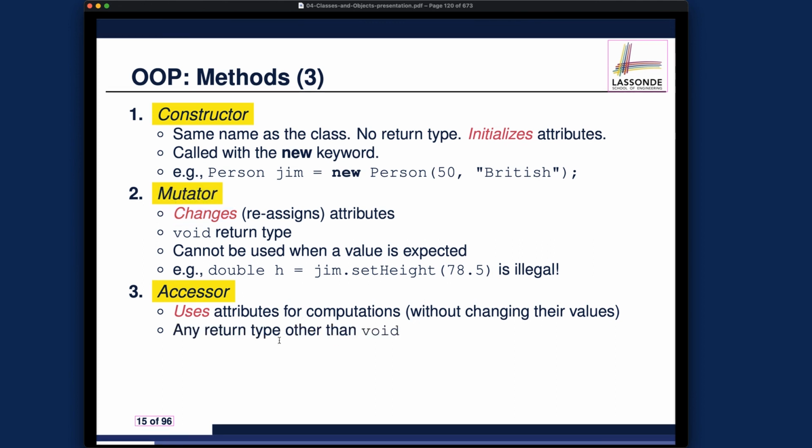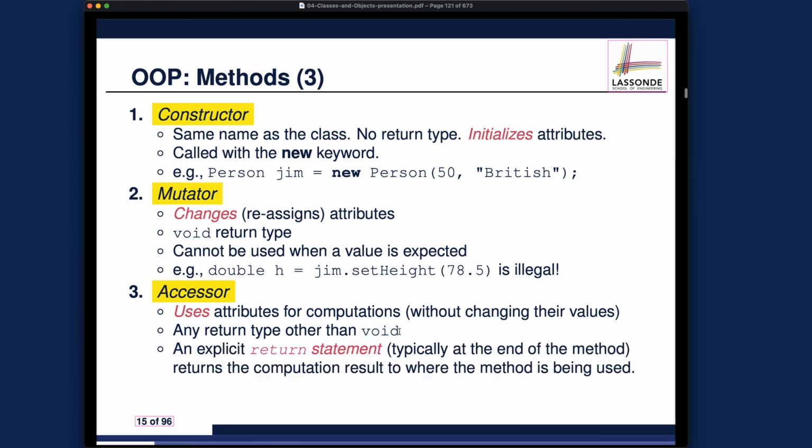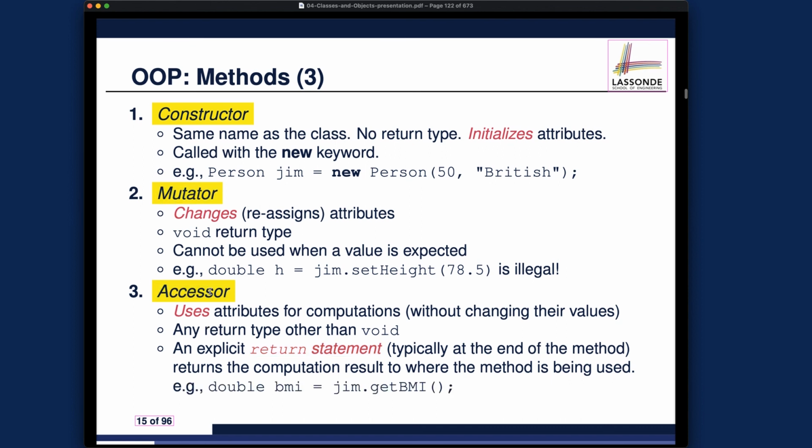And then any return type other than void. It can be integer, boolean, or a reference type as well. And an explicit return statement must be there. Remember, I have a syntactic comparison between the accessor and mutator in the tutorial video. You can review that as well. This is just one example. You can see gym.bmi. Let's say getBmi returns a double value. In that case, we can assign this returned double value to bmi, which is a double variable.